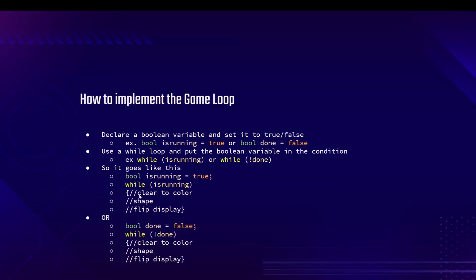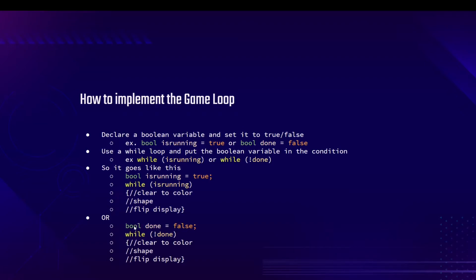So right now we put in the rendering part. You need to put in clearing the color, so basically the background color that I showed you, the shape that we used in the last two tutorials, and flipping the display to show the shape.